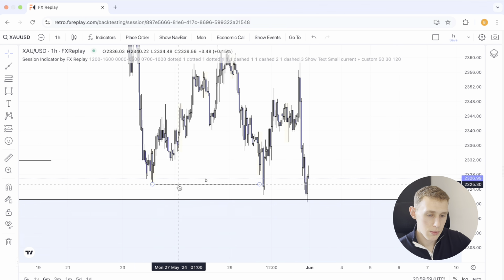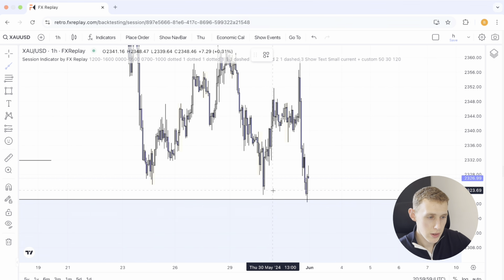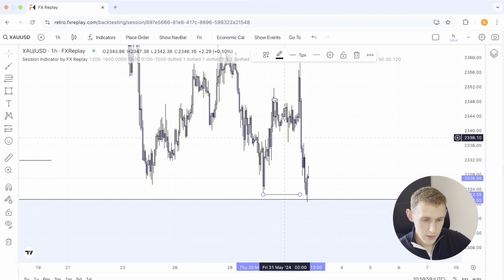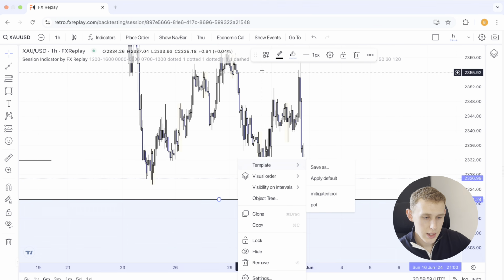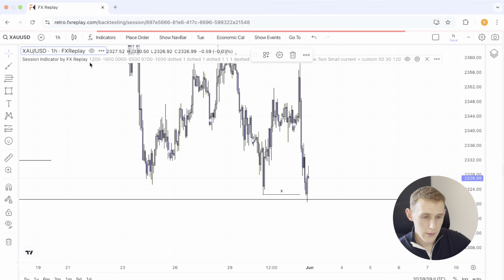And yeah, there we go. So there we have a sweep of the inducement into that daily demand. So if price can start to shift bullish here, we can look for buys.